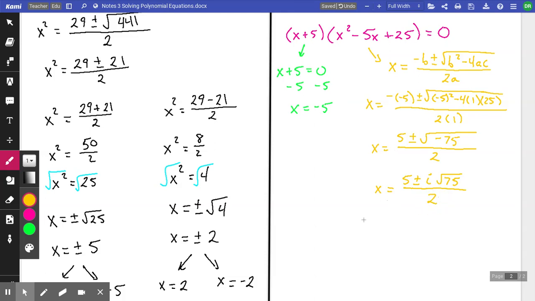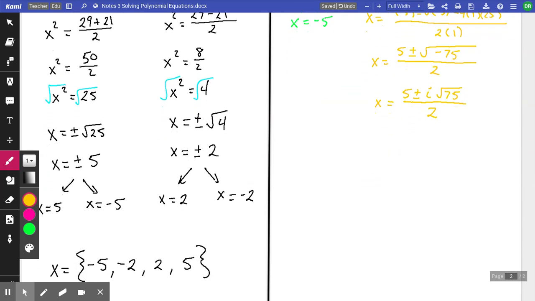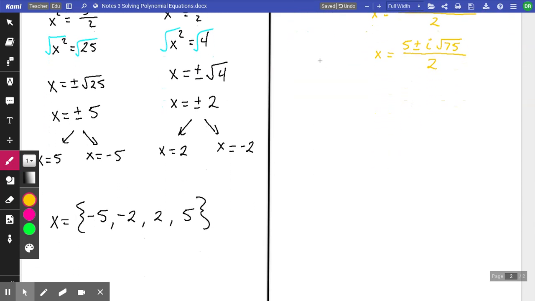And if you remember, the square root of 75 breaks down. 75 is 3 times 25, and 25 breaks down to 5 times 5. So we have a pair of factors that will come out, and the 3 will stay underneath. And we end up getting x equals 5 plus or minus 5i square root of 3 all over 2.